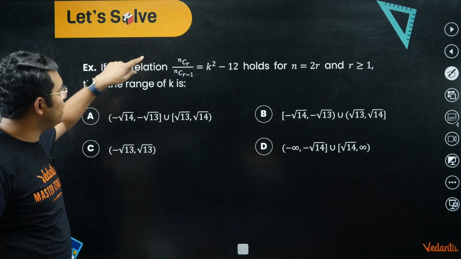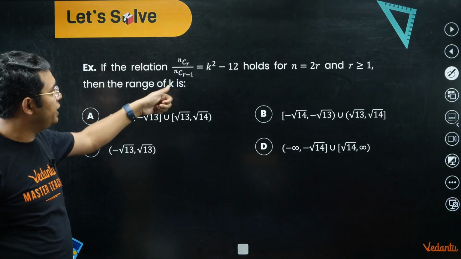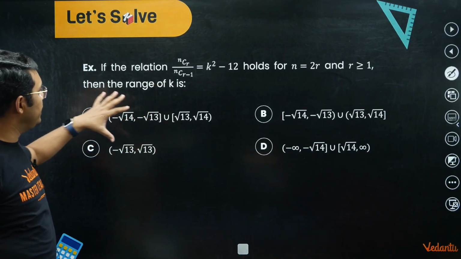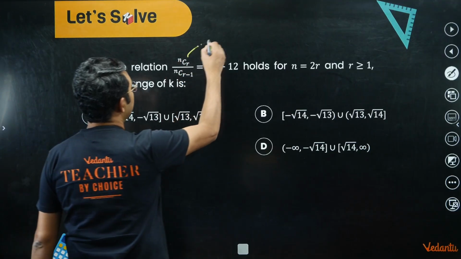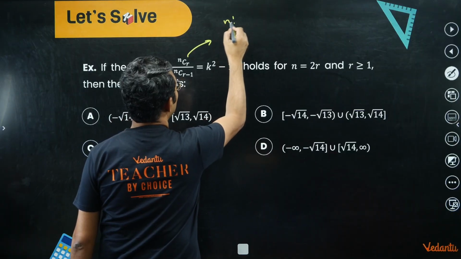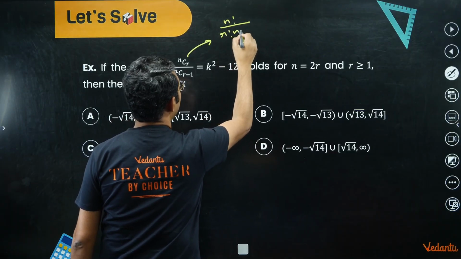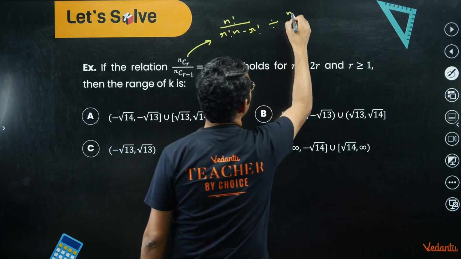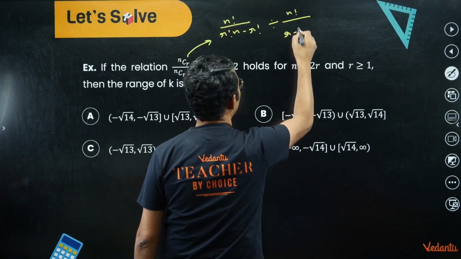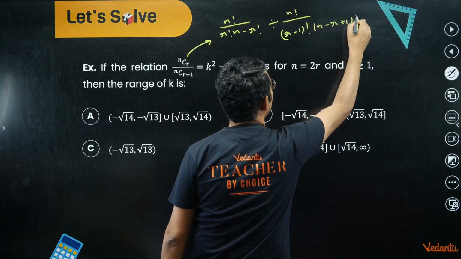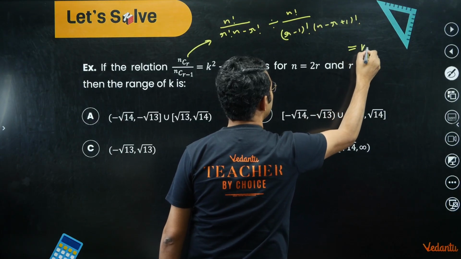Okay, so now coming to the questions which are given in this session as most incorrect questions. The first one is nCr upon nC(r minus 1) is equal to k square minus 12, which holds for n equal to 2r, and we have to find the range of k. So dear students, in this case you can write nCr as n factorial upon r factorial (n minus r) factorial, divided by n factorial upon (r minus 1) factorial into (n minus r plus 1) factorial, and that is equal to k square minus 12.